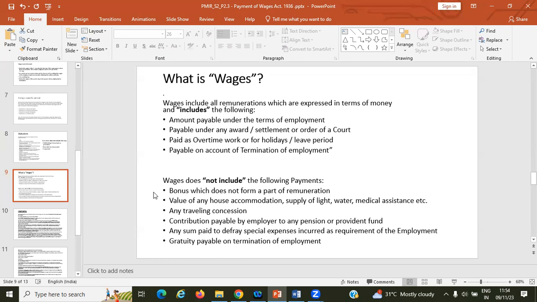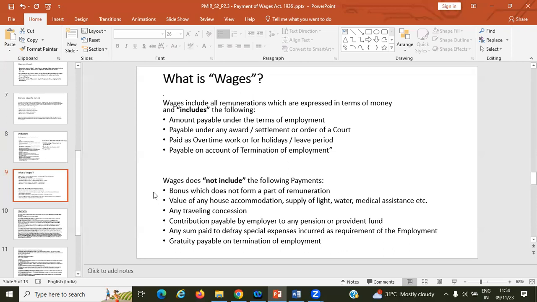Gratuity is also not wages. And some special expenses is what I was telling. If you are spending something to transport your employees from one state to another, one location to another, relocation expenses, or any kind of expenses specially made for the employees, that kind of expenses are not treated as wages.